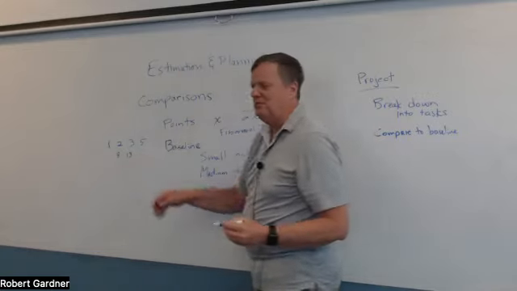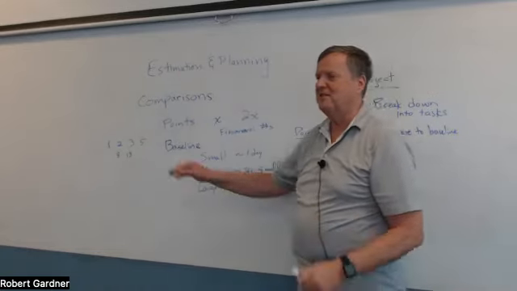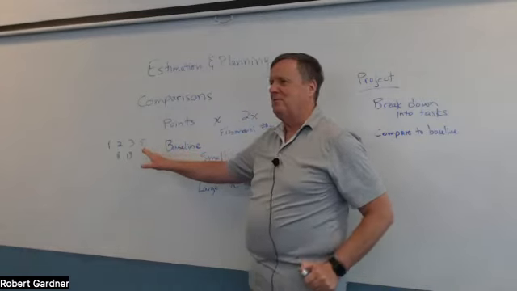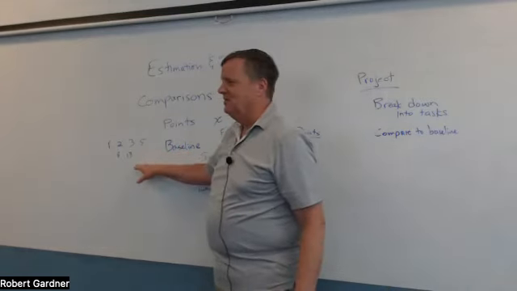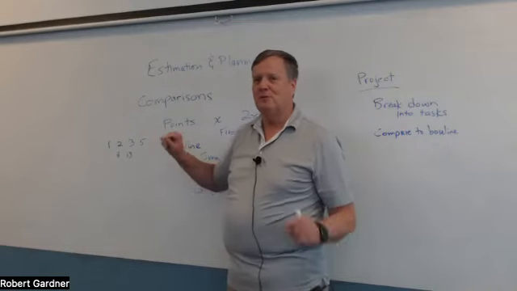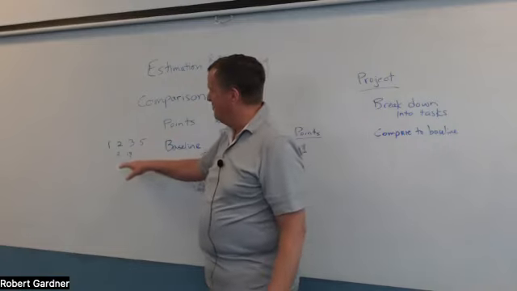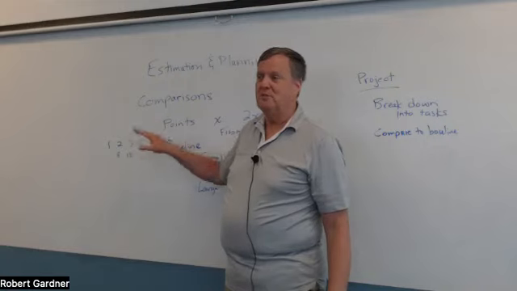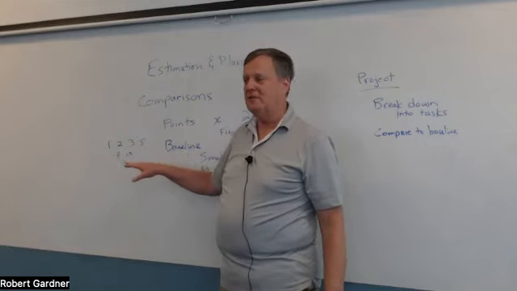Okay, so usually we use Fibonacci numbers. That's just historical, but it's kind of nice because as the numbers get bigger, they get farther and farther apart, which reflects reality. As a project gets bigger and bigger, it becomes harder and harder to accurately estimate it.